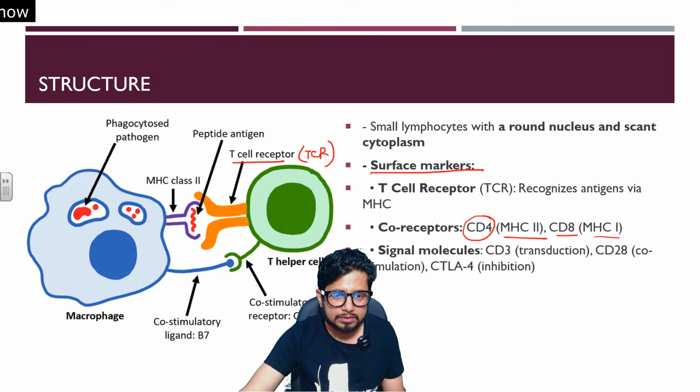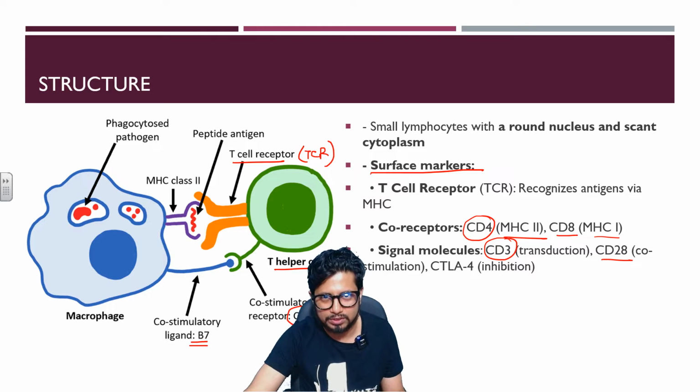Signal molecules: they have CD3 for transduction and CD28 for co-stimulation. Here you can see the T helper cell provides CD28 as a co-stimulatory receptor, while the macrophage on the other hand produces the ligand B7. So CD28 acts as a positive co-stimulator.